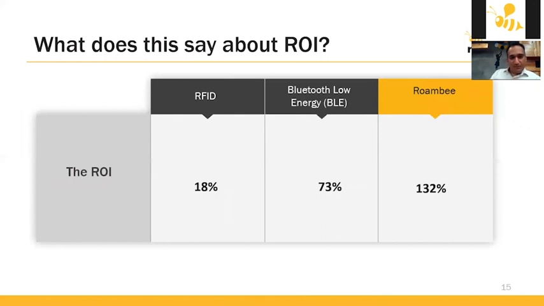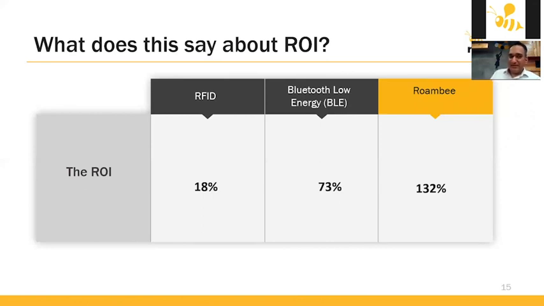So what's the return on your returnable assets? Minimal with RFID, because the cost of setting up the RFID system and running it is obviously very heavy, as we saw. Much more with Bluetooth Low Energy, but it still does not rid you of the need to actually visit every facility to set it up, right?